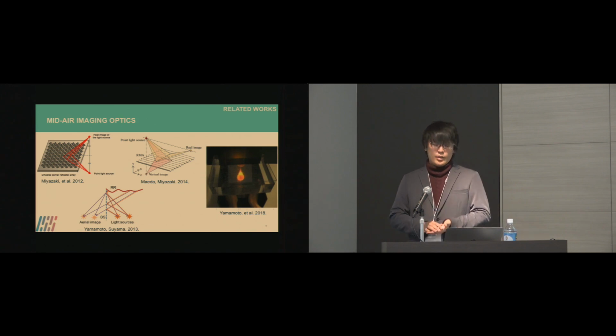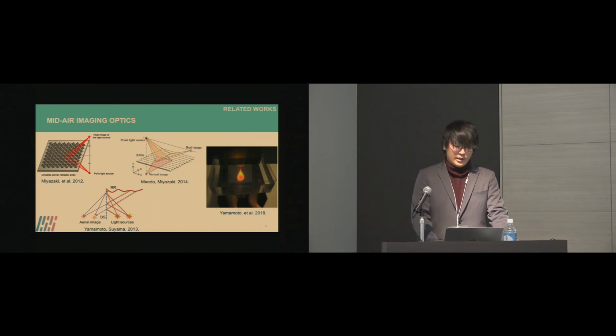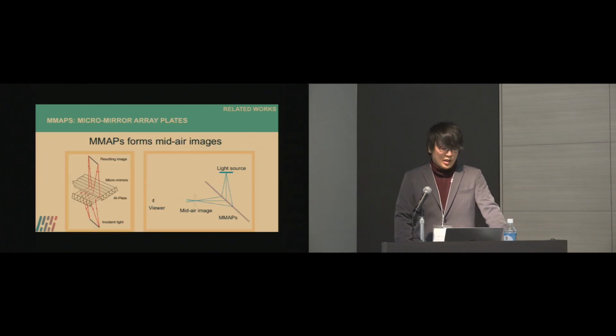And there are several mid-air imaging techniques such as MMAPS, DCRA, RMA, and AIRR. And there is an optical system that displays an underwater image using AIRR. In this research, we use micromirror array plates to focus on interaction.